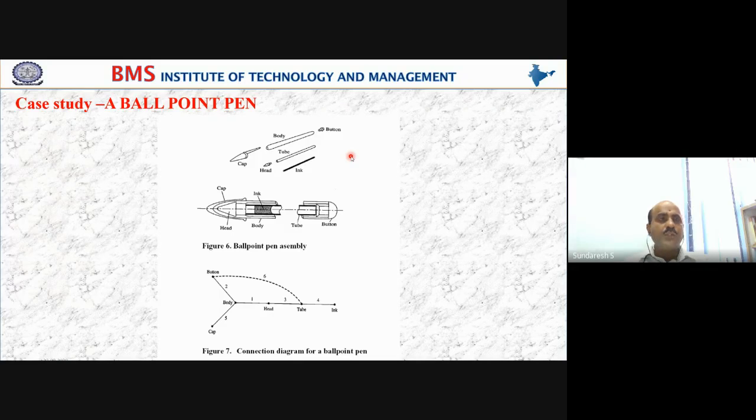And using your engineering knowledge, can we reduce the cost of the pen? If possible, then how? This is what I want from everybody, each individual.